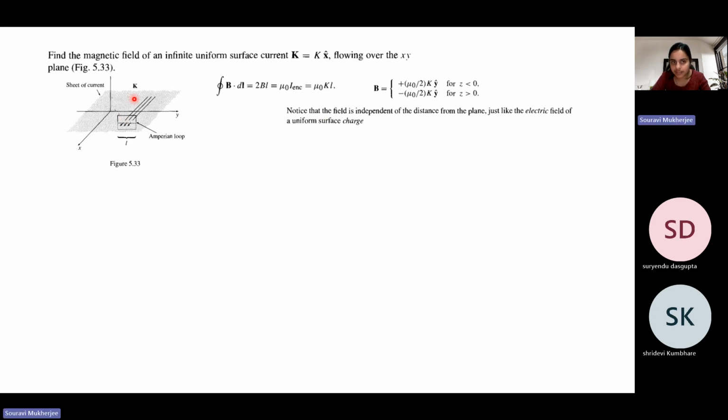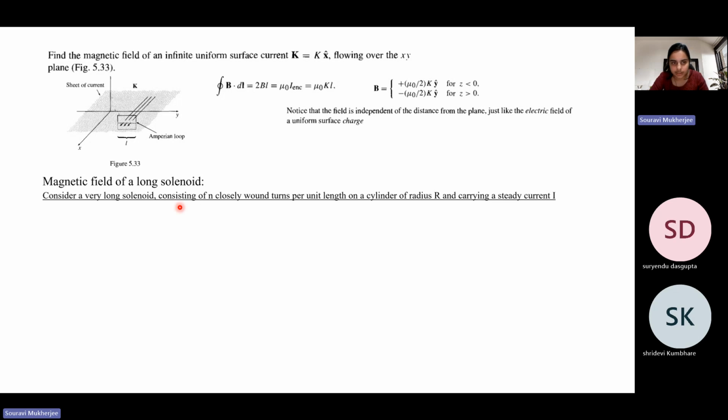And above you will have X cross plus Z, anywhere above the sheet of plane. So that's how you are getting plus Y and minus Y. That's how the sign comes up.